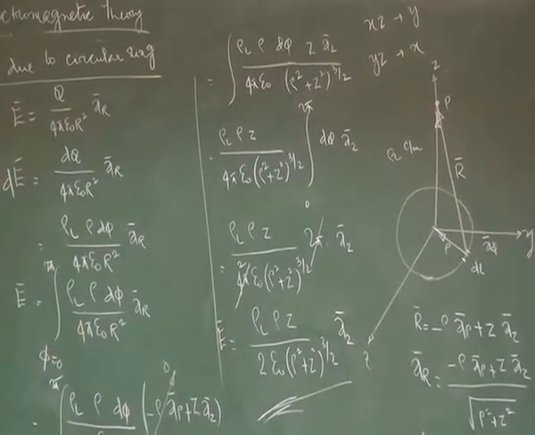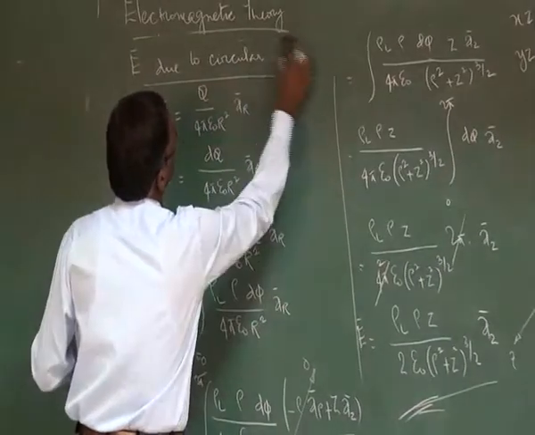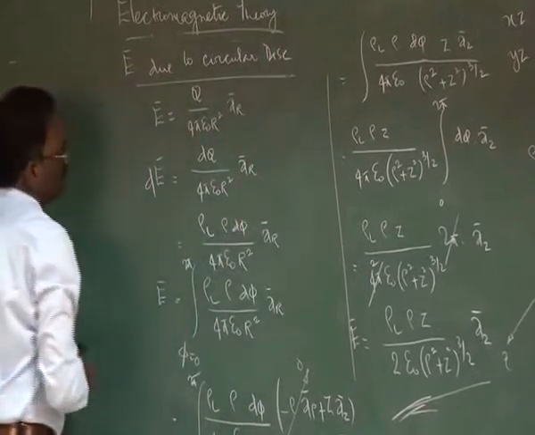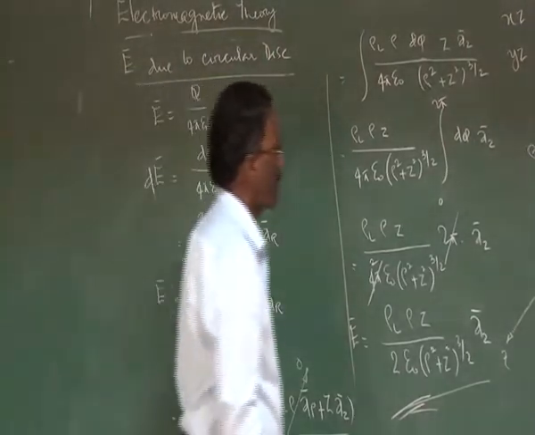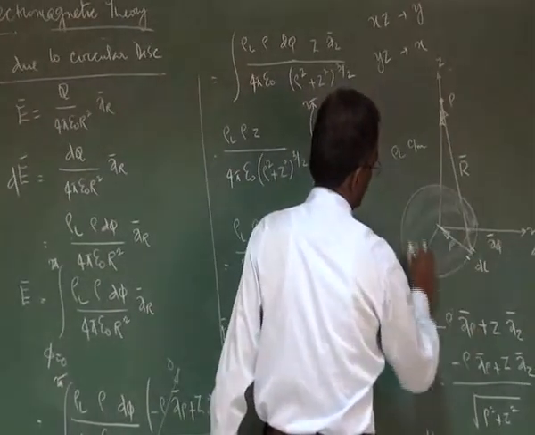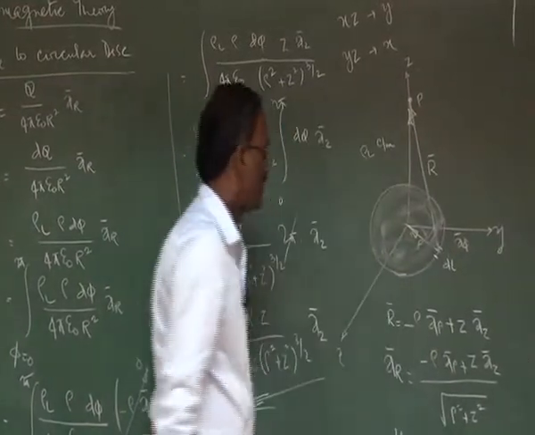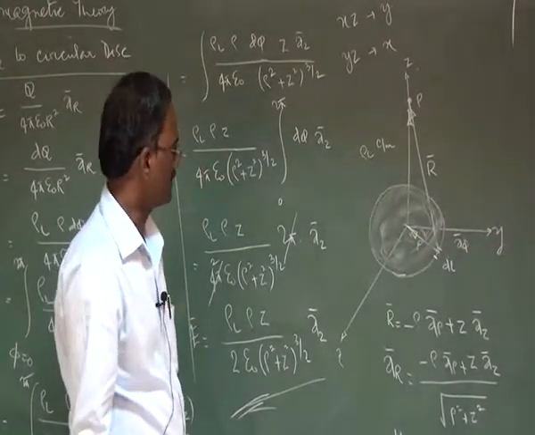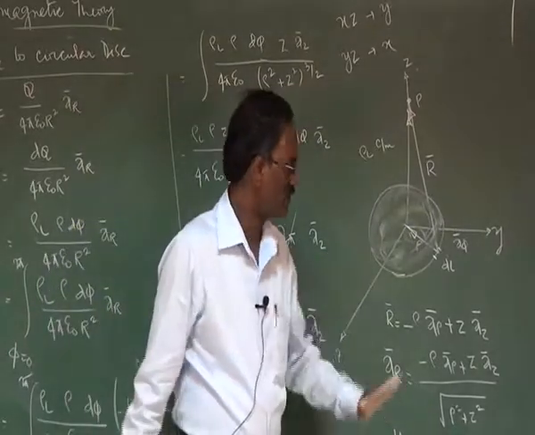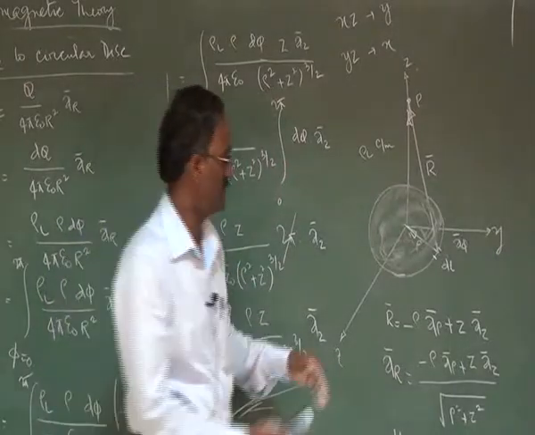Right. So next I want to find E bar due to a circular disc. The same diagram I can use. The only change I am making is that in the previous case I used a circular ring, but it is a disc. Disc means the entire charge is distributed over the surface of the disc.